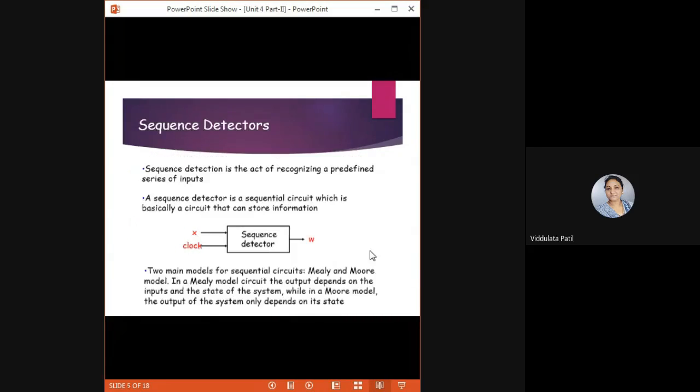So the first application is a sequence detector. Now what is meant by sequence detector?